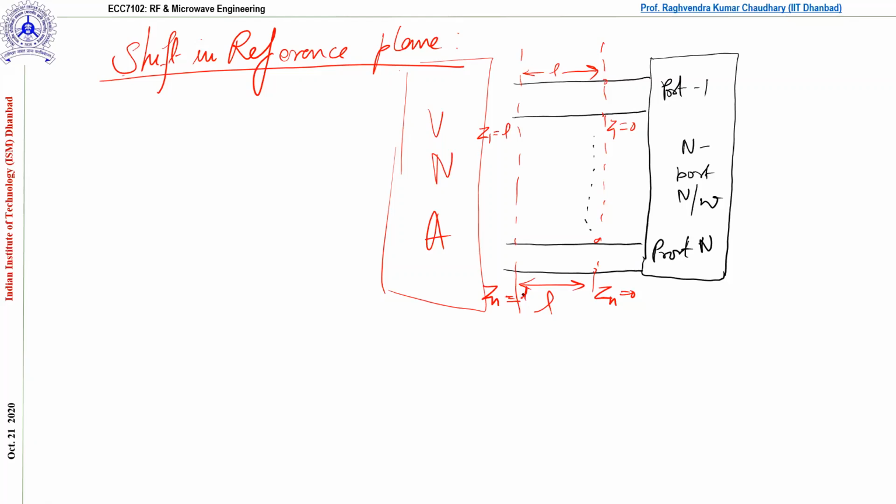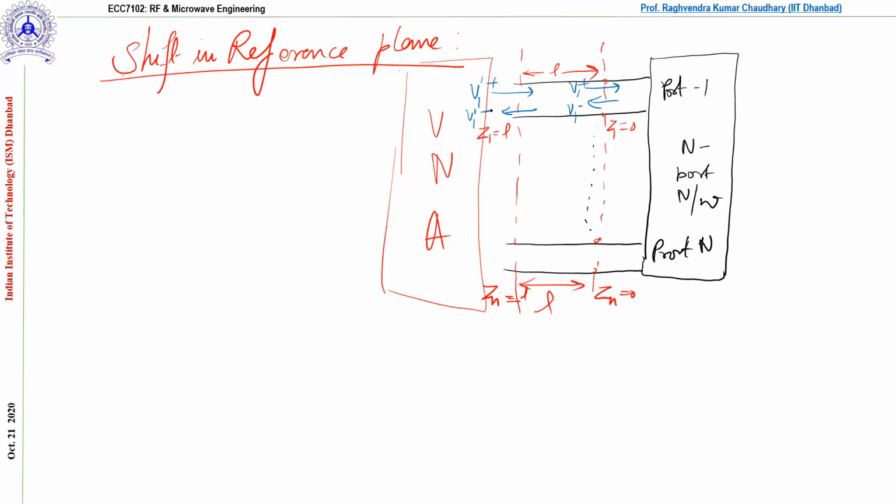Now let us mark the incident and reflected voltages over here. At this reference point, this is V1 plus and the reflected one is V1 minus. In the same way, at the end of the cable where we are going to connect the VNA, let's make this V1 dash plus and the reflected one V1 dash minus.